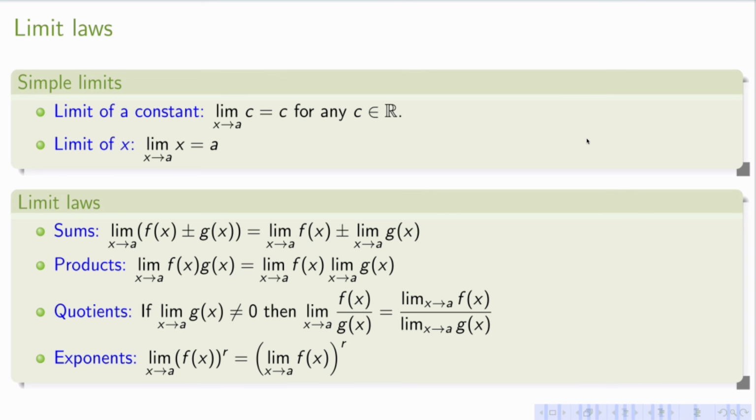Never divide by 0. Okay, but then you can do limit as x goes to a of f divided by g is limit of f divided by limit of g. And then for exponents like the square root or the square or the cube or the cubic root, whatever, the limit of f to the r is equal to the limit of f to the r.